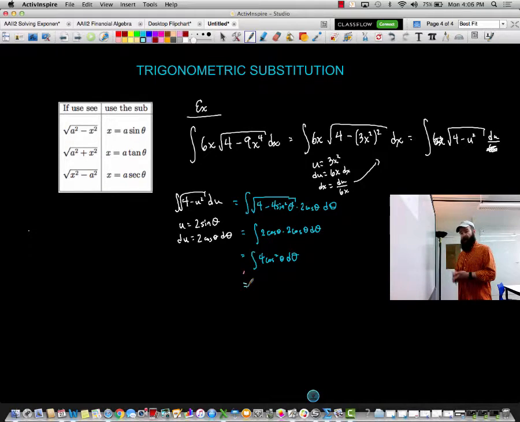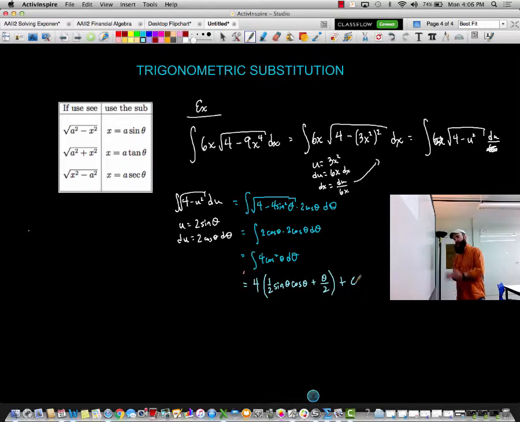All right, so the antiderivative of 4 cosine squared, now you could use integration by parts here, or I'm just going to use the fact that I know what the antiderivative of cosine squared theta is. At least I think I do. The antiderivative of cosine squared would be 1/2 sine theta cosine theta plus theta over 2. And I'm going to put the plus c here.